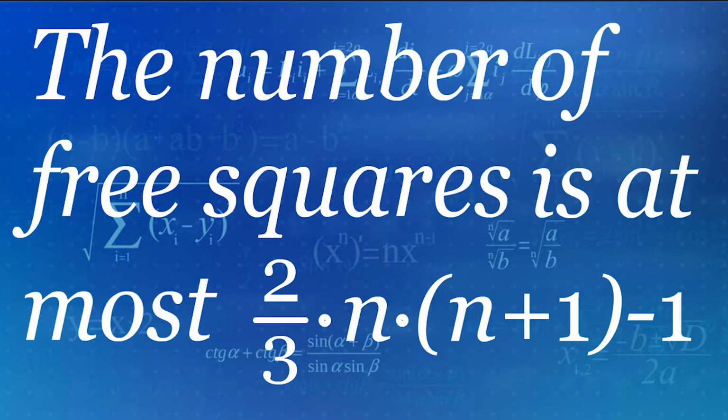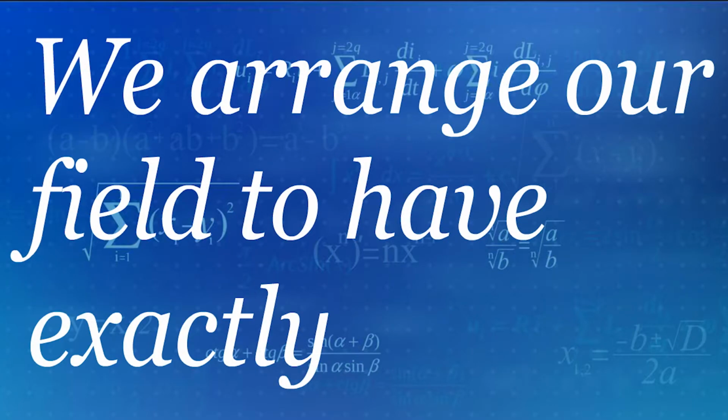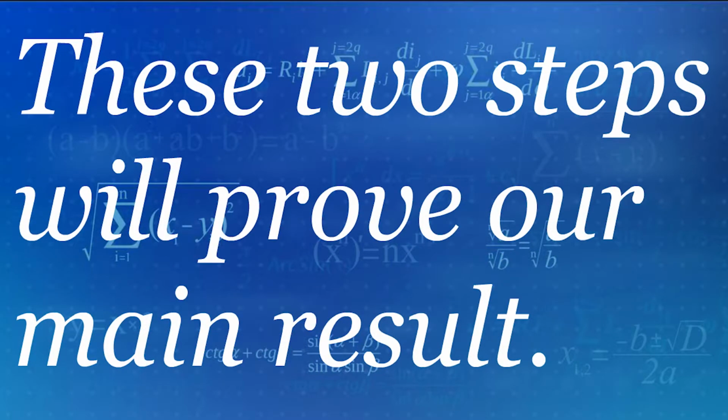In the second step, for each n, which has the form as described previously, we will arrange our field so that it will have exactly 2/3 multiplied by n multiplied by (n plus 1) minus 1 free squares, and such that our snake will not be able to overrun itself. These two steps together will prove our main result.